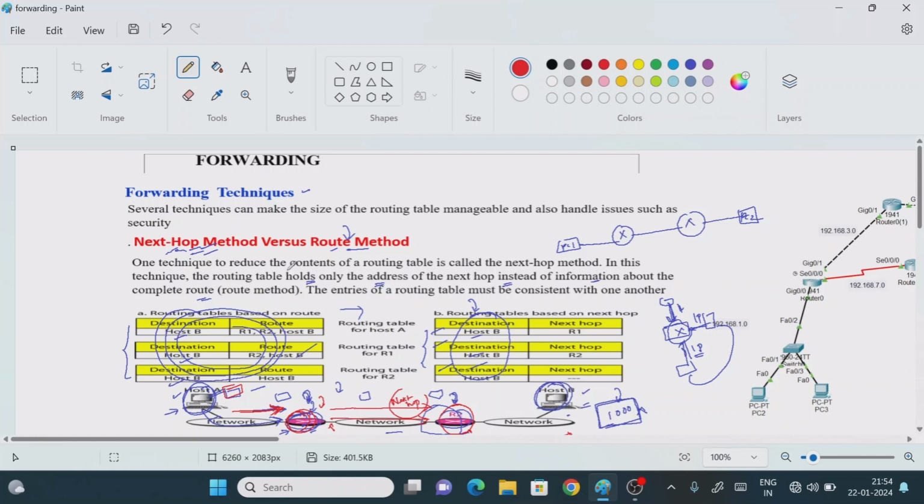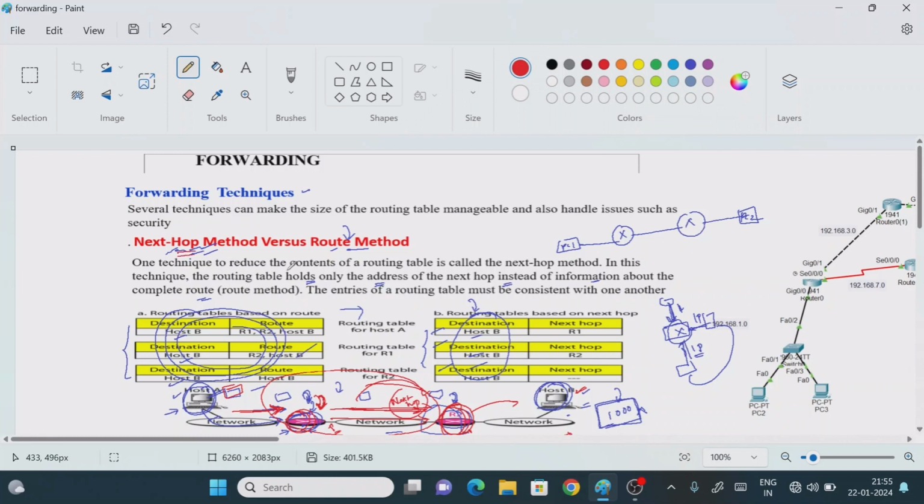Now see what R1 will think: I'm going to forward the packet to the R2. Now R2 has to find out how to reach the host B. It will not know how to reach the host B. It will only know how to reach the next hop address. The moment it reaches R2, it will go to the host B. It means that instead of holding the entire database, it is only going to store the next hop ID.